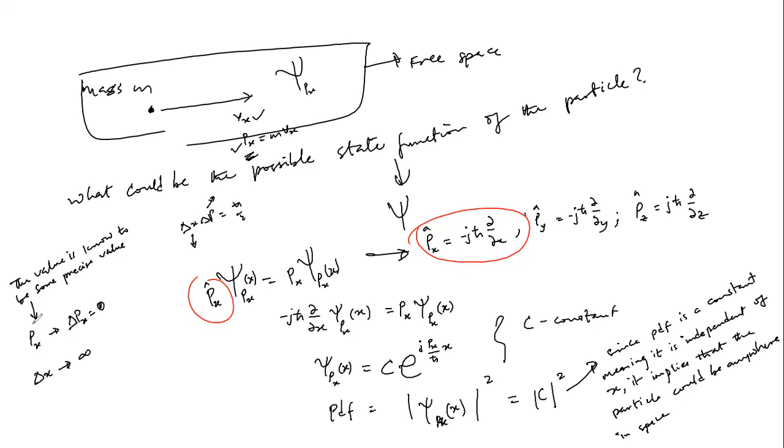And since the momentum is known precisely, the uncertainty in the momentum is 0. Then the uncertainty in the position x will be very high, so it must be infinite. And the particle, hence, can be anywhere with equal probability.